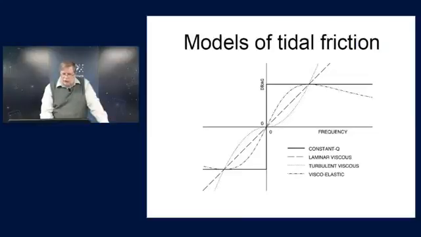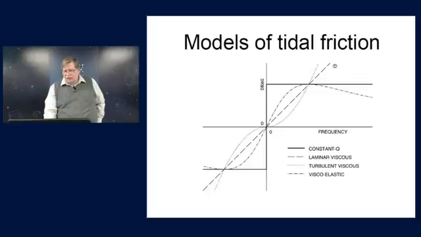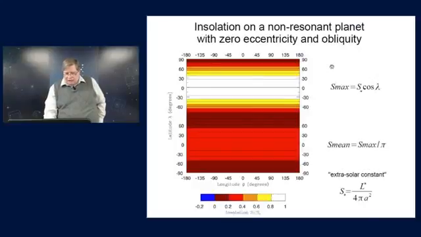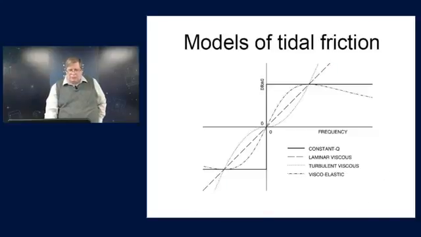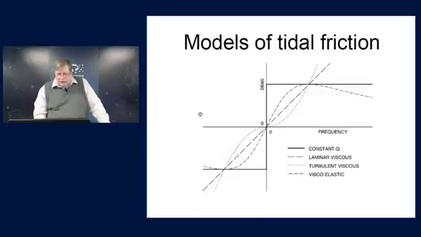Now, on the contrary, the more common model is called the viscous model, or the laminar viscous model. I've drawn it here as this kind of diagonal dashed line. And this is appropriate more for a lubricated kind of friction. What's nice about this model is that it's analytically convenient.